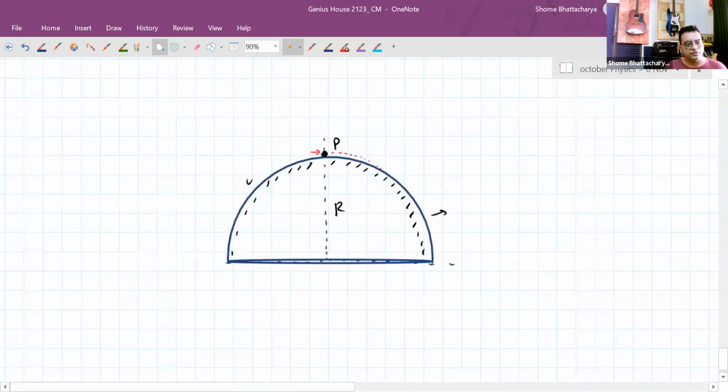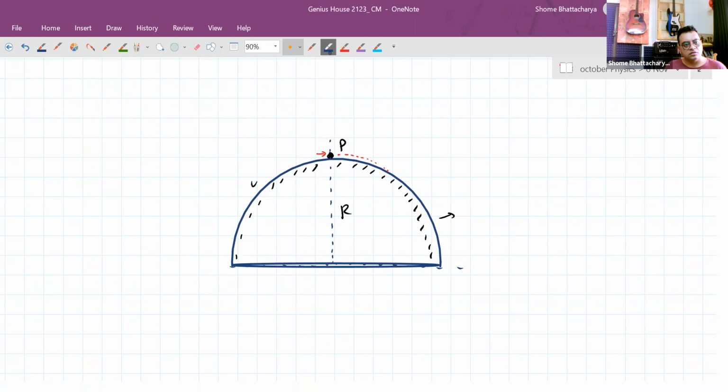Okay, so if it's starting from here with initial speed almost tending to zero, because you're giving it a slight nudge. Now, after some time, if it reaches somewhere here, let's say, it's reached an angular displacement of theta. So by now it has a linear speed v.